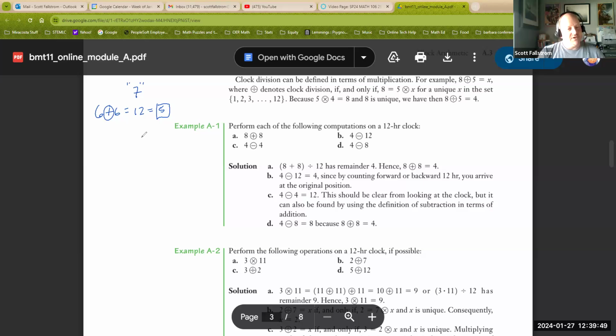You could also look at the clock and say, wait a minute, but 6, that's 1 before 7. So this problem actually is the same as 6 plus -1. And 6 plus -1 is 5. Yep. And you can actually do that with our 12 clock. So if you think about 11, you want to add 11 hours, right? Then 11 is the same as -1.